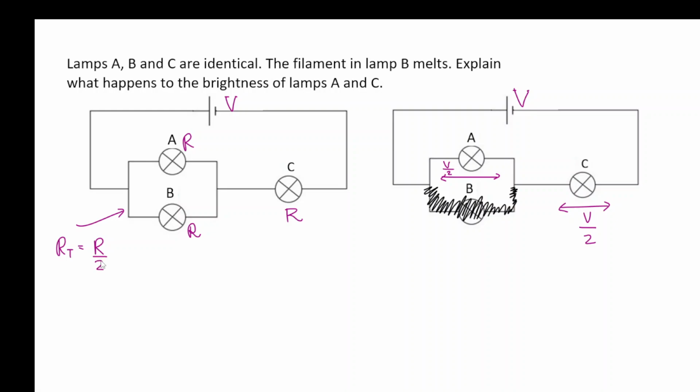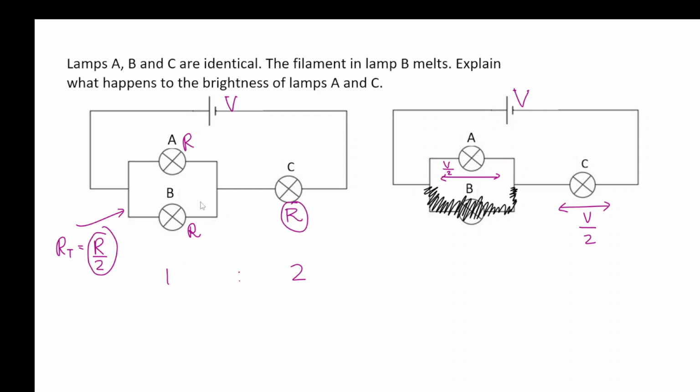When you have two identical resistors connected in parallel, or even more than that, if they are identical, you divide the resistance of one by the number of resistors, so you know the total resistance, in this case R over 2. Now, you can see the ratio of resistance is 1:2, R over 2 and R.